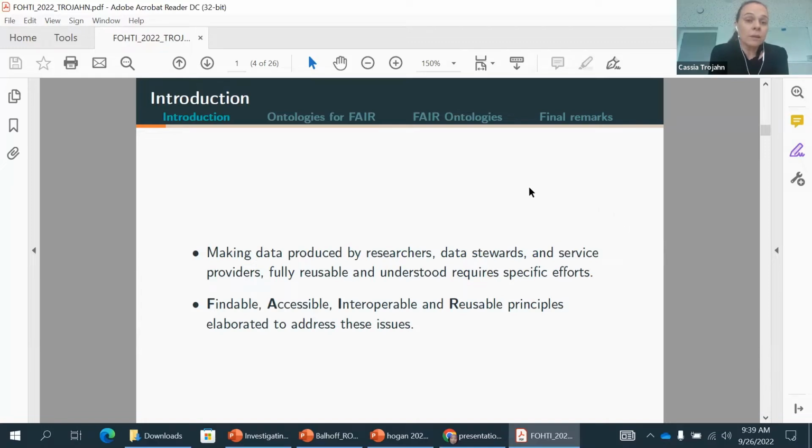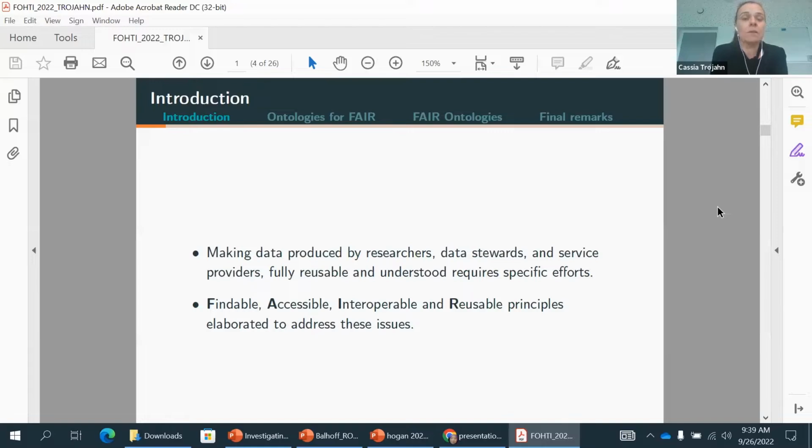First of all understandable, in order to be reusable, and the FAIR principles can help with that.